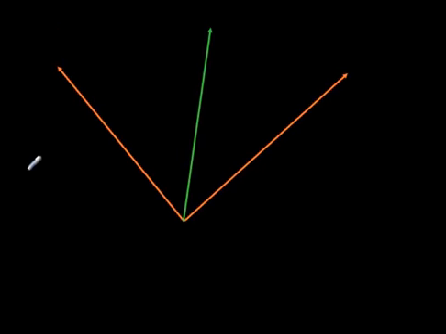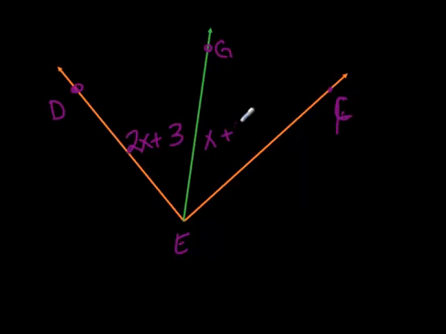Say that I have the following. Let's use DEF. This is point G. We know that this angle is 2x plus 3. And over here, we know that this angle is, let's say, x plus 8.